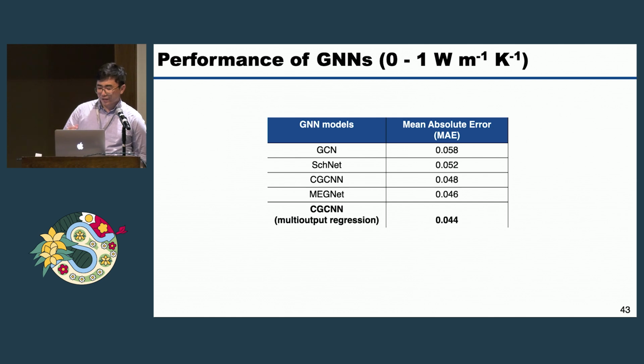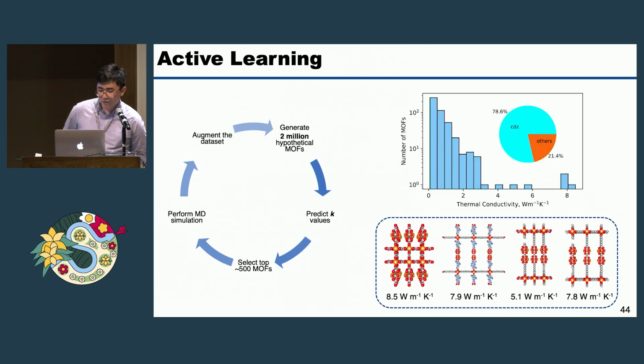Another problem that we are facing is the distribution of our data. It's concentrated on the lower end. But we have to develop a model that can predict the whole spectrum of thermal conductivity values, right? So how do we do that? We need more structures with potentially high thermal conductivities. So we tried some active learning.